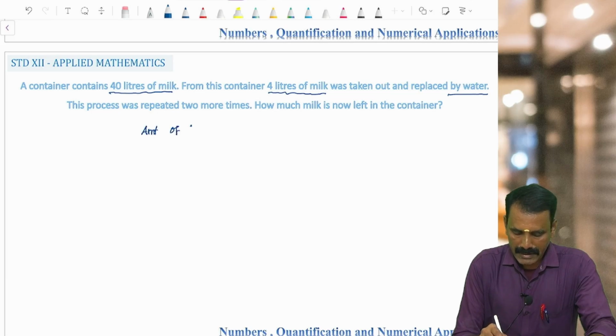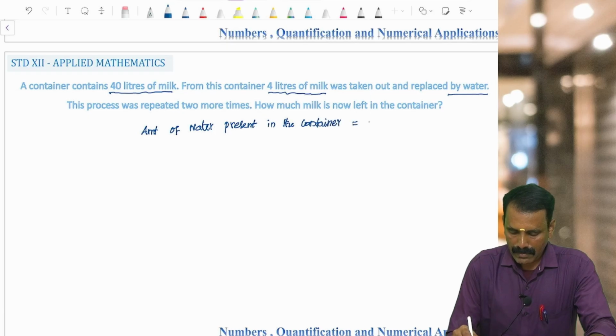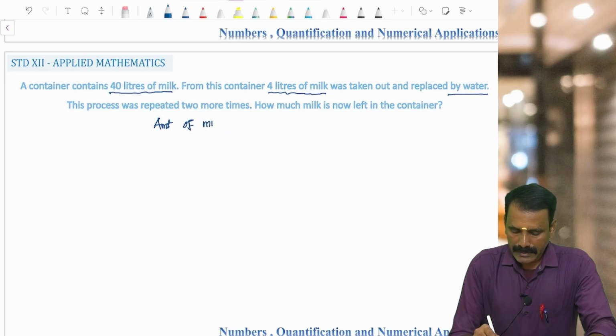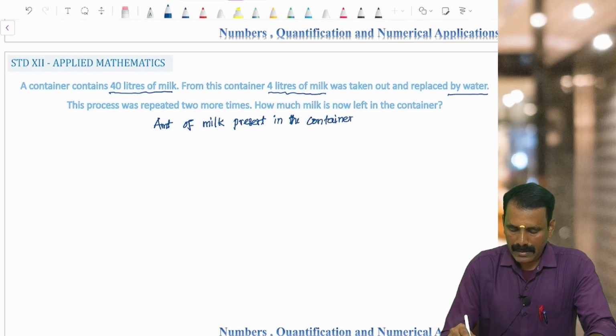So the amount of milk present in the container is 40 liters.